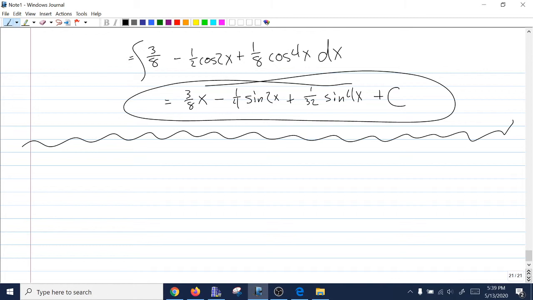Let's see. Very similar to these power of sine, power of cosine things is power of secants, power of tangents. And similarly, there's an even-odd version here, and the thing that makes them easy or hard, the way I remember this, is the integral of secant cubed is this classic example of a tricky integral.